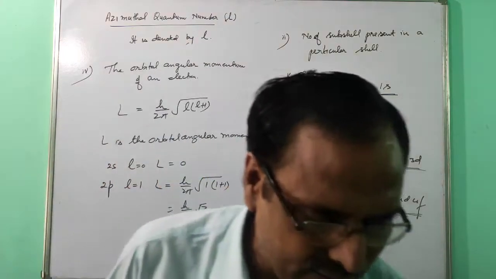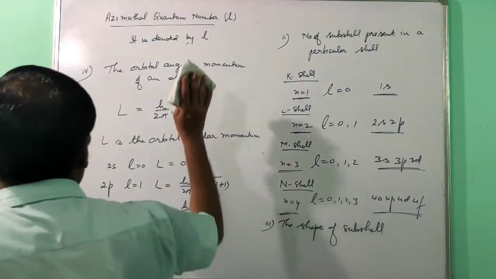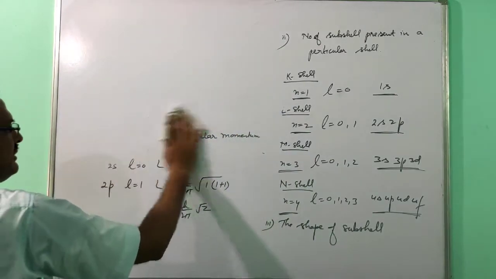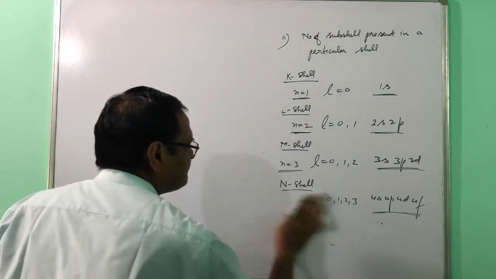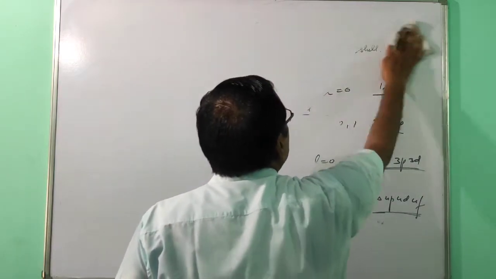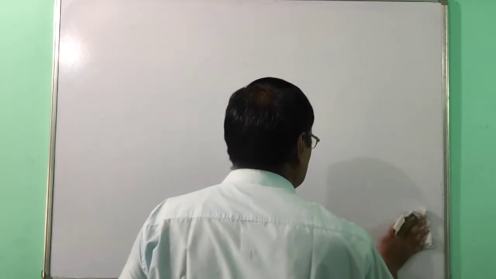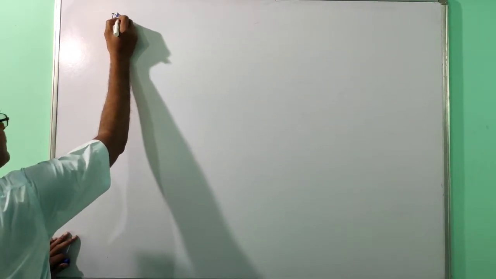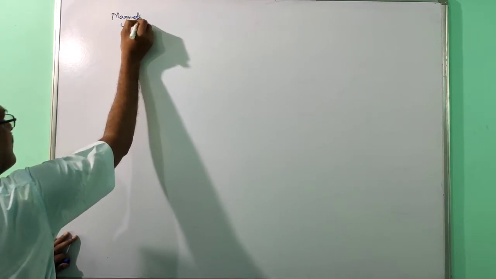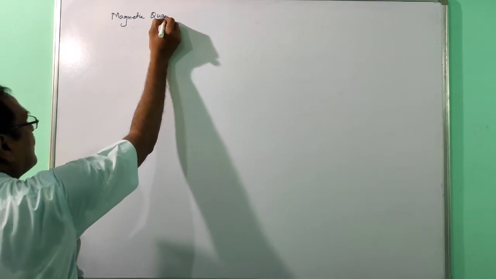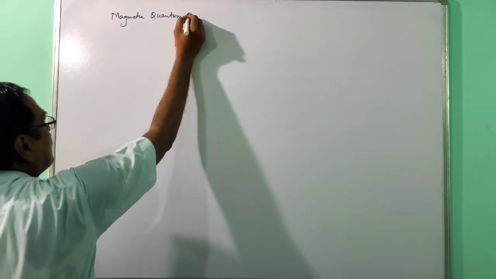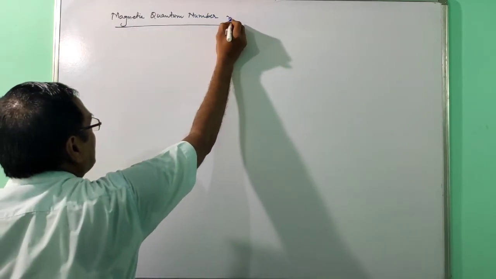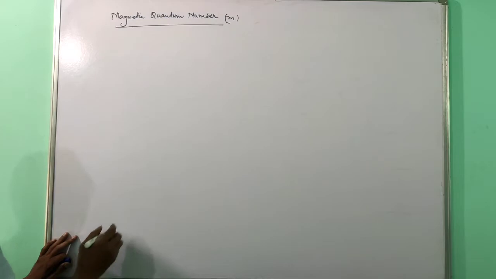Now we are going to take the third quantum number, the magnetic quantum number. The magnetic quantum number is denoted by m.